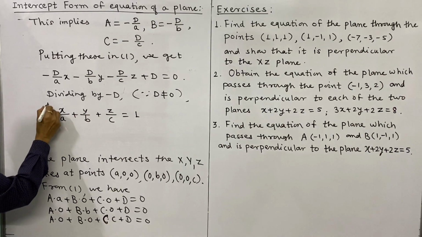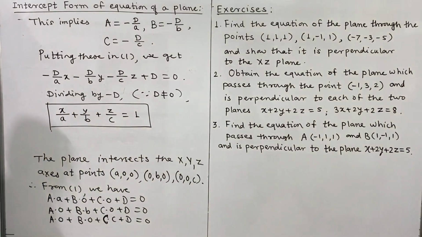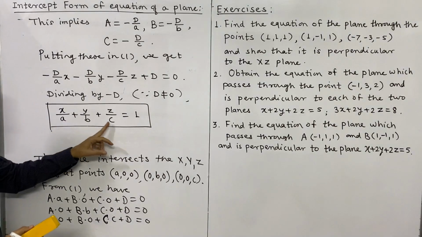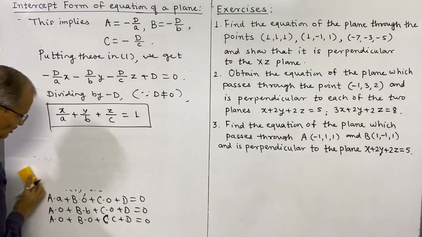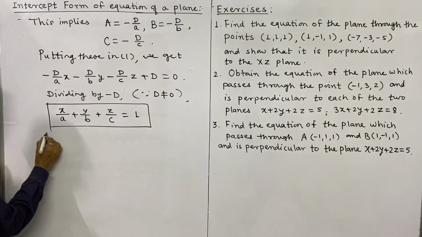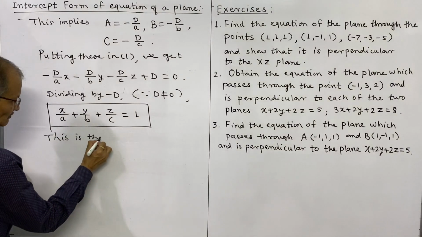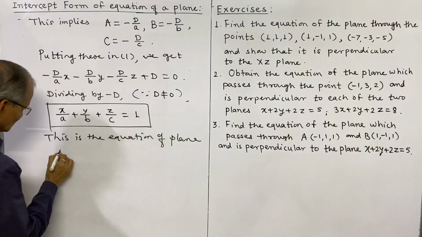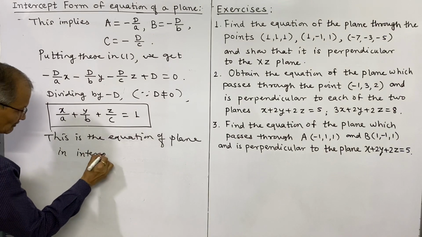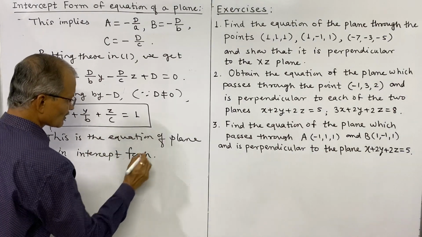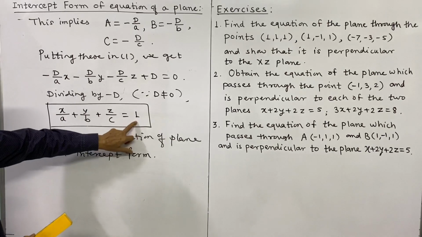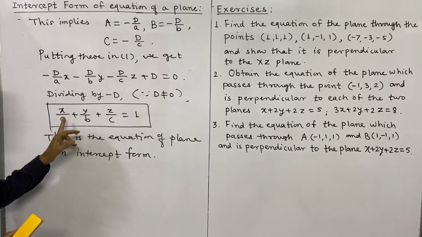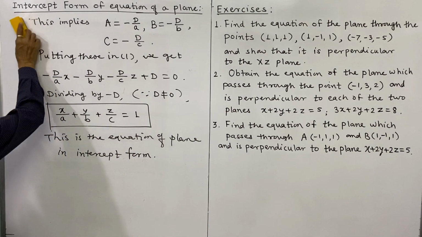So this is the equation of a plane in intercept form, where a, b, c are the intercepts on the x-axis, y-axis and z-axis. Thus this is a simple form. The right side is necessarily 1, and this equation gives the direct intercepts of the plane on the x, y, z axes.